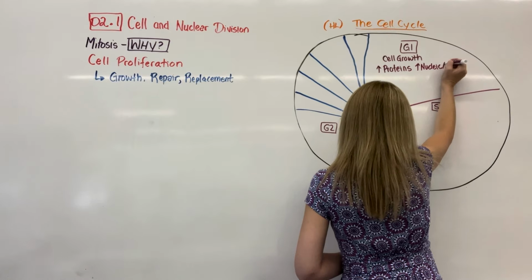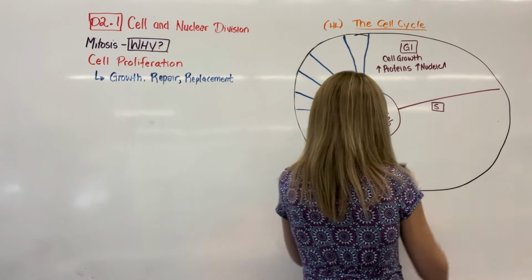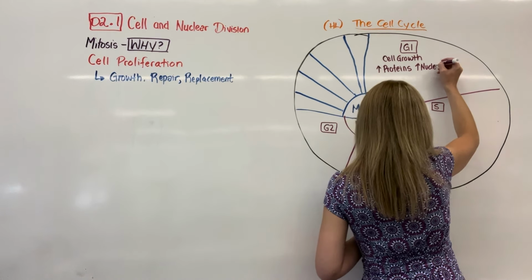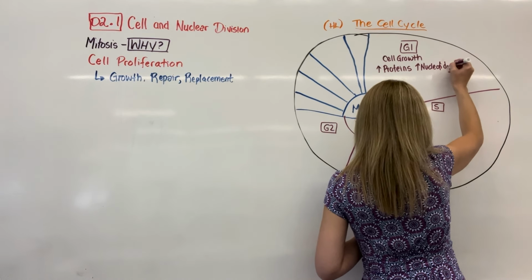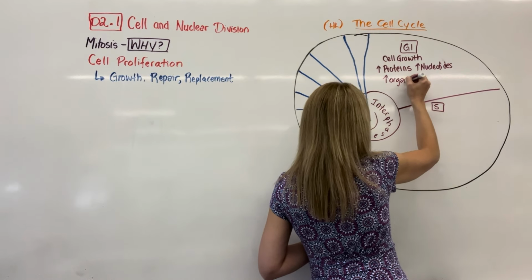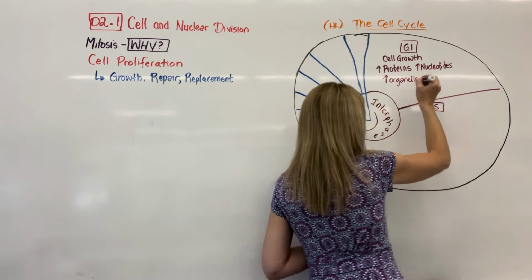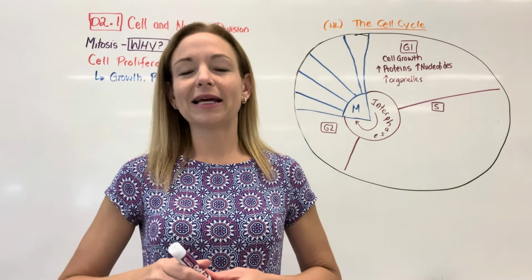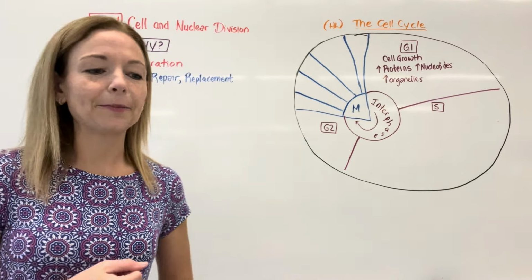Nucleotides, maybe, I'm going to be sure to write nucleotides because we don't actually turn them all the way into DNA till the next stage. And then we're also going to increase organelles, in particular mitochondria. So it's going to need to increase the mitochondria to progress through the cycle. If it's a plant cell, it's also going to make more chloroplasts then.